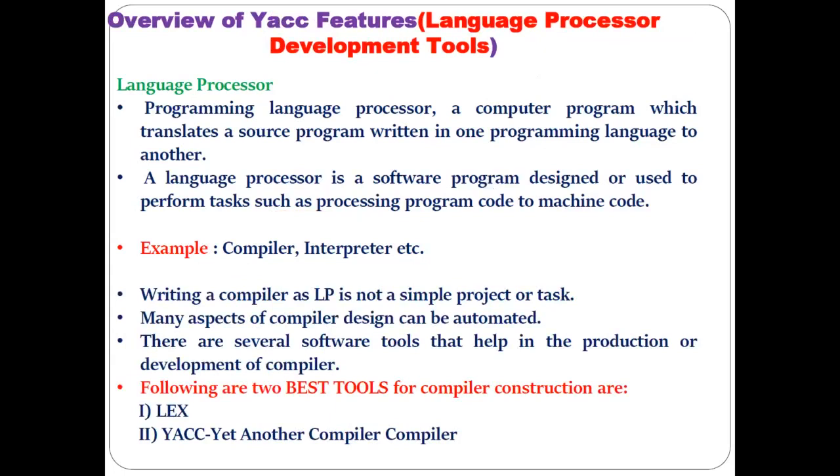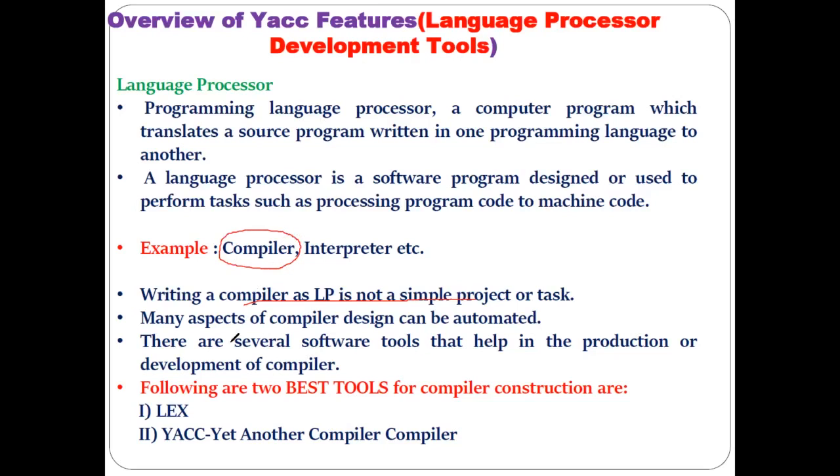Now to develop such language processors like a compiler or interpreter is not an easy job. It is a very difficult task. Understood? To design and develop any system program is the most difficult task in the field of computer science and engineering. So how can this task be made easy? Are there some automatic tools available so that we can develop a language processor like a compiler in an automatic way?